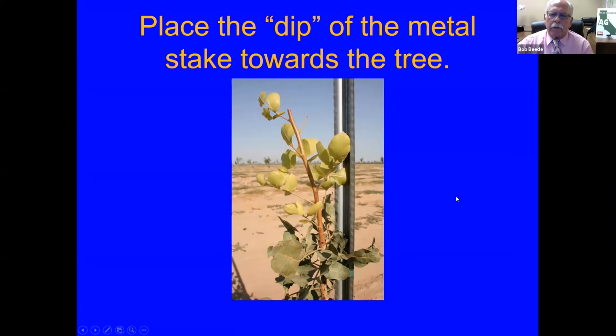There's a host of different stakes that you can use to plant pistachio trees, and here we have a metal stake, and I just point out that we want to have the dip towards the tree in order to train the tree up. 4x4 wooden, 2x2 wooden stakes are also used, but you want to be sure and get a full 2x2 stake, and you have to watch the knots in these wooden stakes because the quality of the stakes varies greatly, and if you get knots on them, they will break, and you'll be constantly replacing stakes in windy areas.